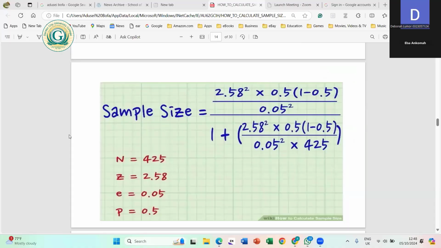Deborah, ask your question. Please make it brief, so that we have to finish this slide today. Sir, are we to memorize this formula? Are you asking if you are to memorize it? Yes. That one I don't know.